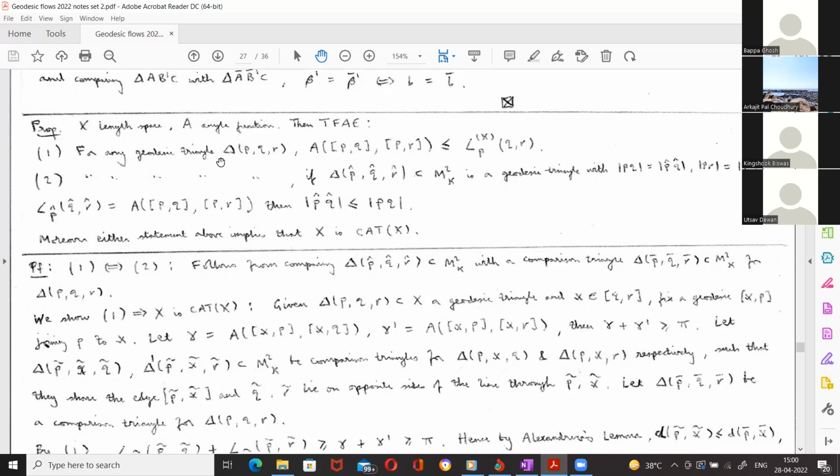One, for any geodesic triangle PQR, the angle function between PQ and PR is less than or equal to the comparison angle.